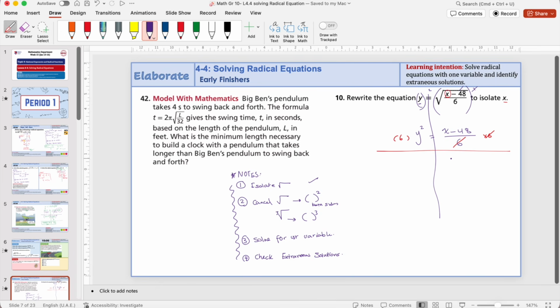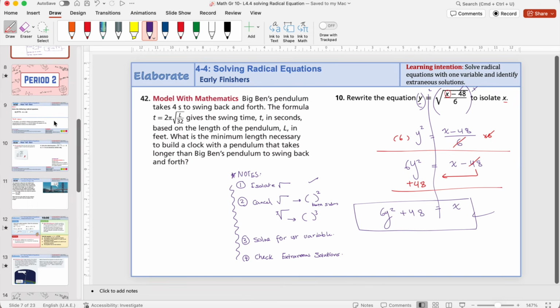So here you have 6y squared equals x minus 48, and then just take the 48 to the other side. It's going to be positive 48. So you have x equals 6y squared plus 48, and this is it. That's the equation in terms of x. We have a y, no problem, they don't care. Now let's move to the next idea.